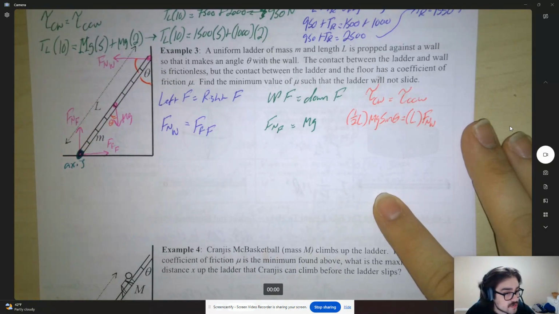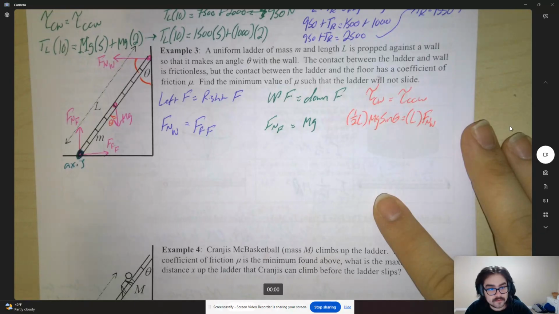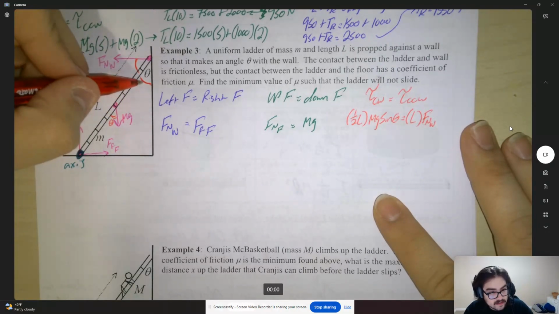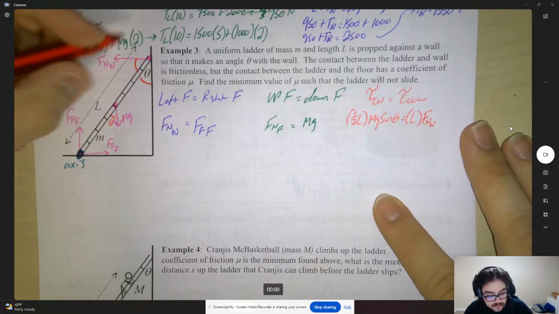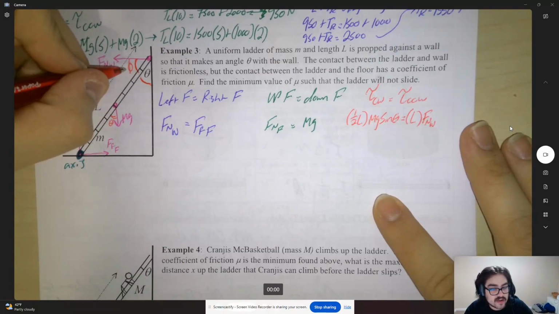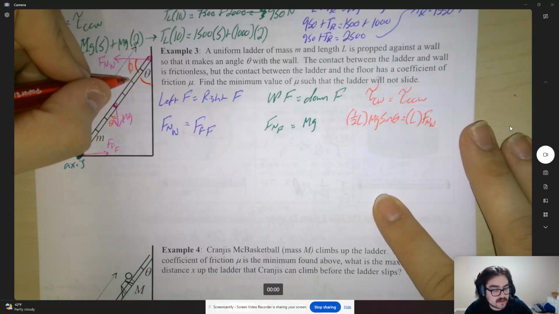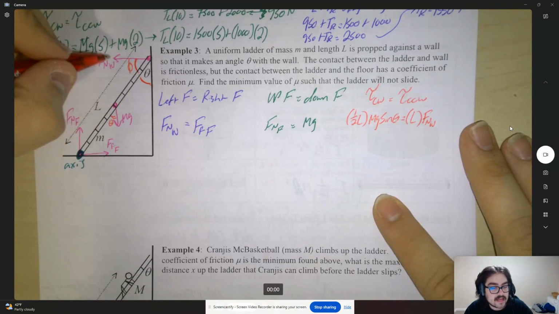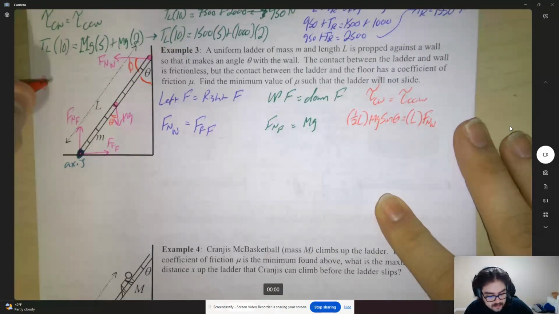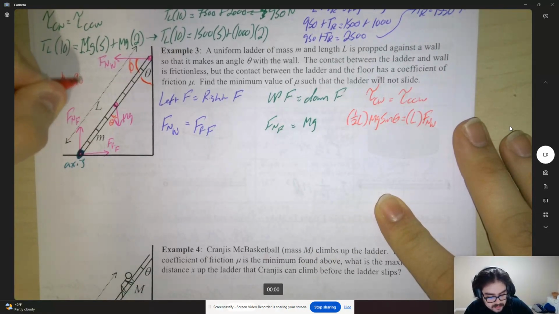But what I do know is that theta and this angle right here, I'm going to call this phi. Angle theta and phi together have to make 90 degrees because this is going to make a perpendicular angle right here. So theta plus phi equals 90 degrees.